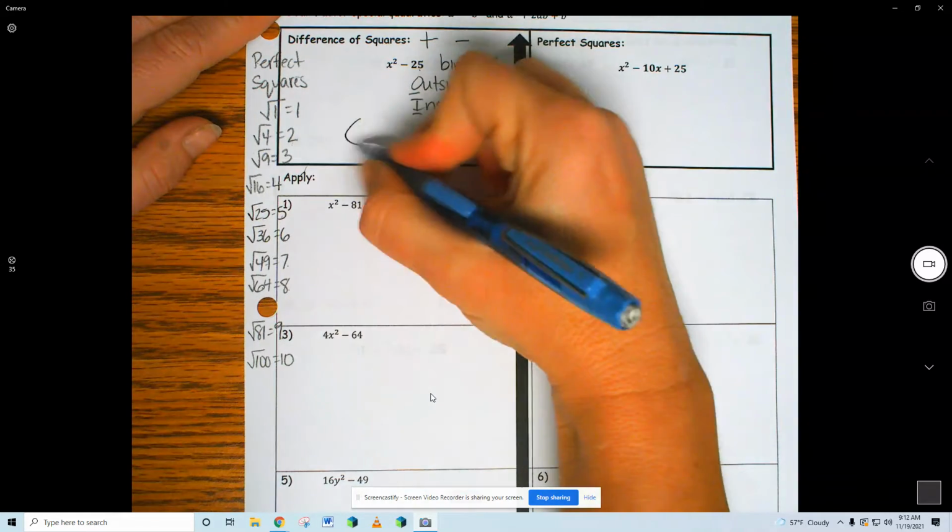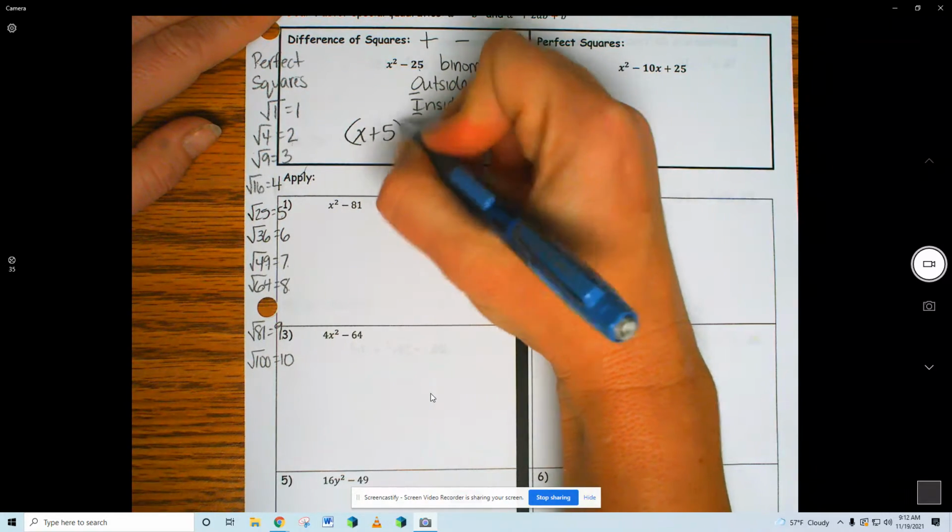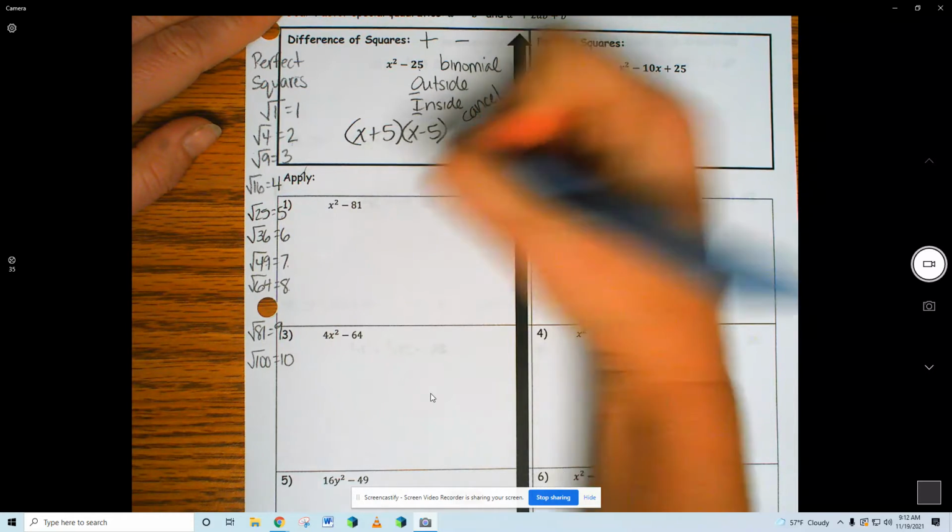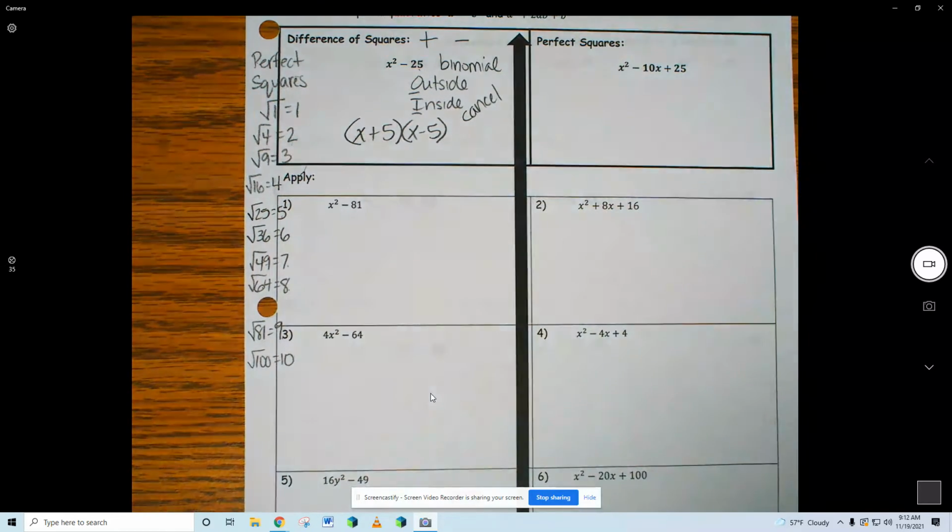And here's the pattern. X plus 5, x minus 5. 5 times 5 makes 25. And there's only 2 terms. There's the x's, x times x, and there's the negative 25.